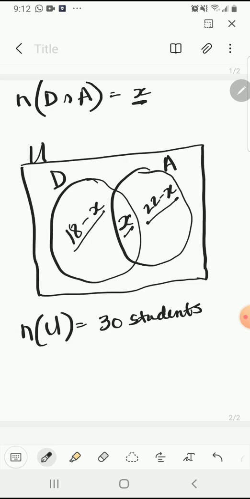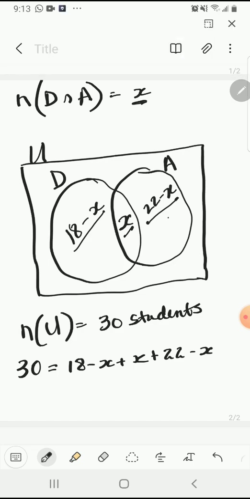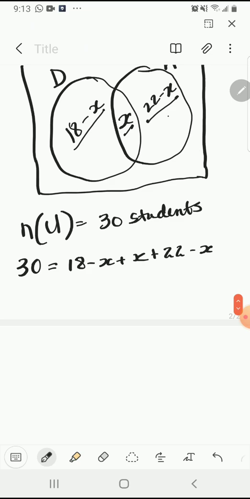Because we know that, we can form an equation. When we add up all of these, we are supposed to get 30. So we can easily say that 30 is equal to 18 minus x plus x plus 22 minus x. Right? So when we add all of that, we should get 30. So this is our equation.